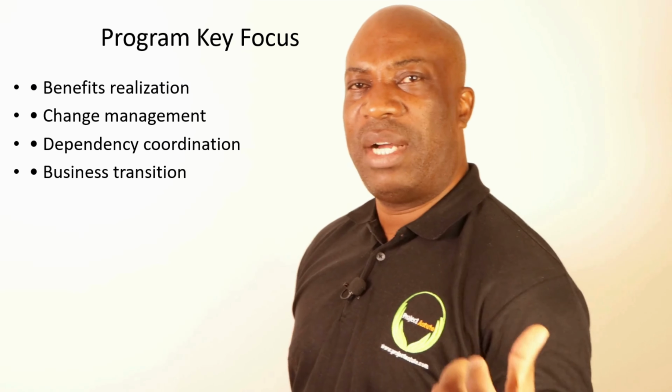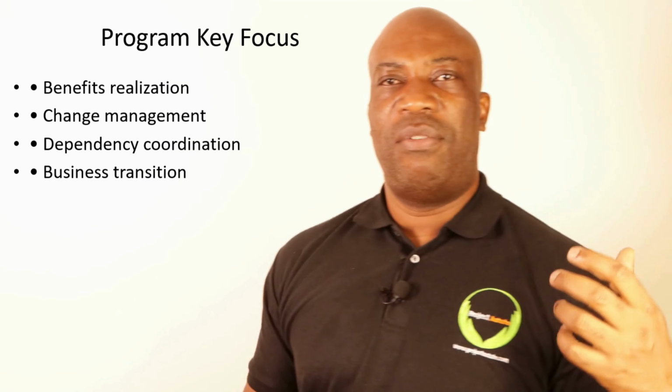So a program is a collection of projects. So within these projects, there are interdependencies, which means they have to work together to provide the ultimate benefit from that program. So that is very, very important to note. When you're working on a program, it's a group of these for the same benefit. So what are the key focus areas for a program?